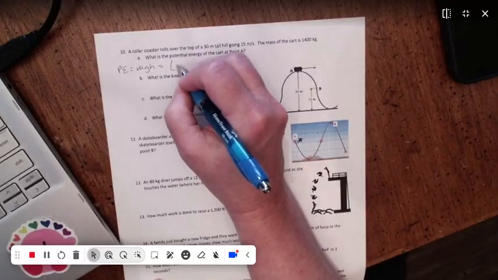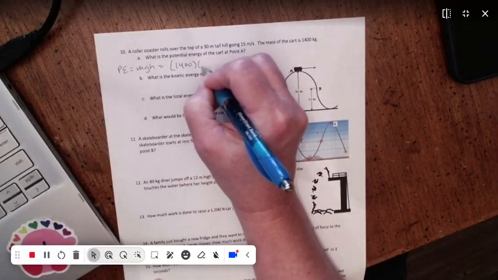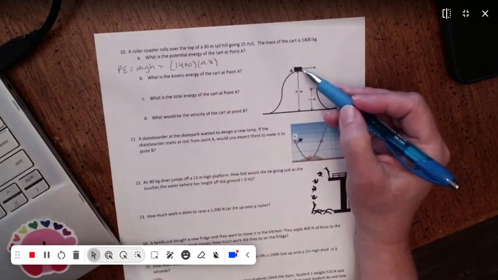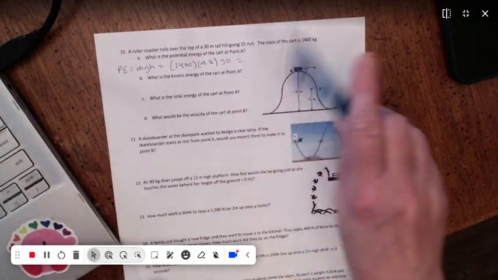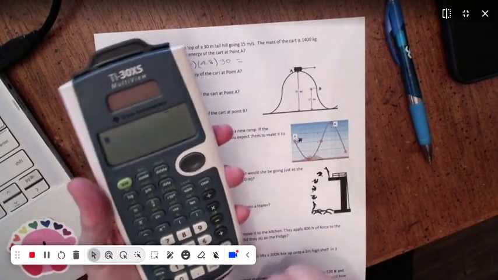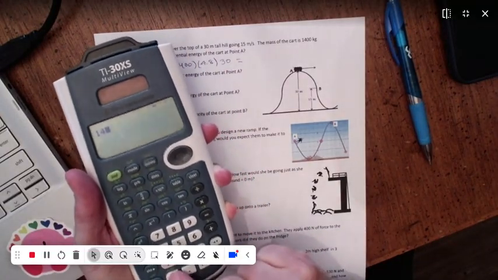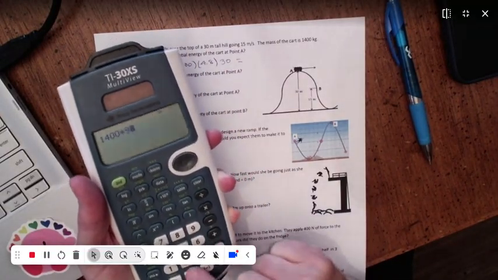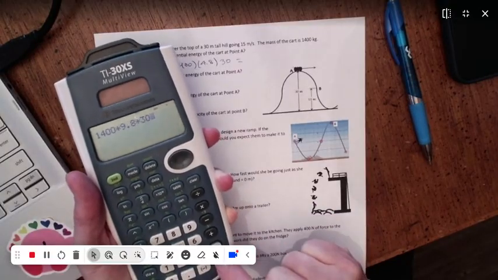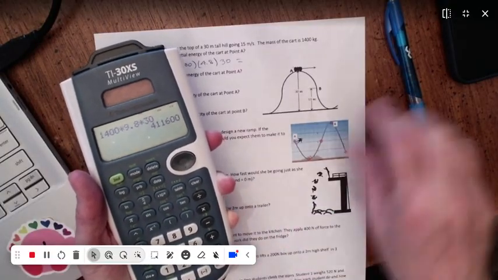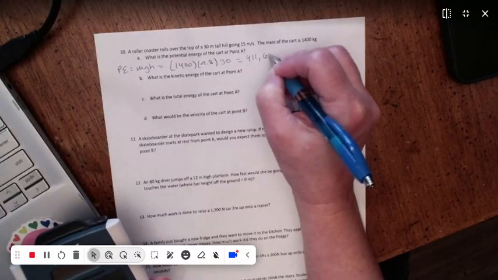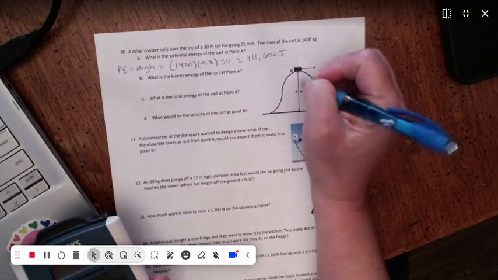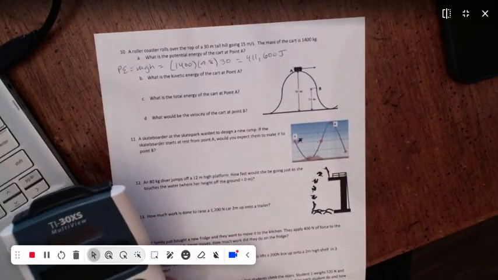So 1,400 times 9.8, and this is a 30-meter tall hill. 1,400 times 9.8 times 30 is 411,600 joules. That's a lot. But this is a large mass, and 30 meters is pretty tall.